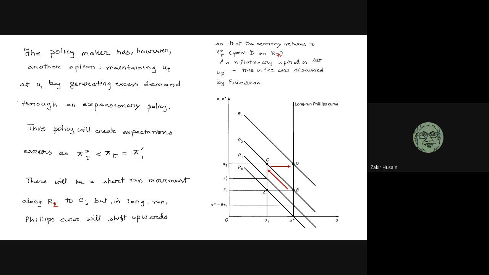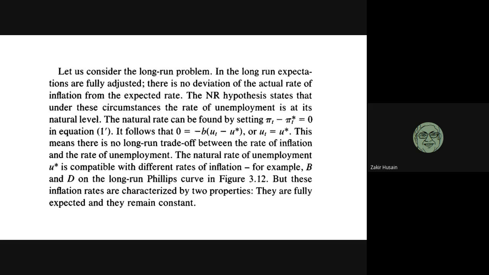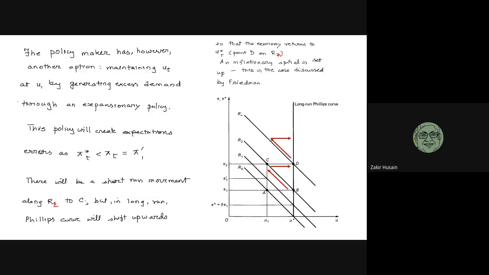And in this way, if the policymakers continue to embark on an expansionary policy in order to maintain unemployment at U1, you simply start an inflationary spiral, right? So this is a case that was discussed by Friedman.